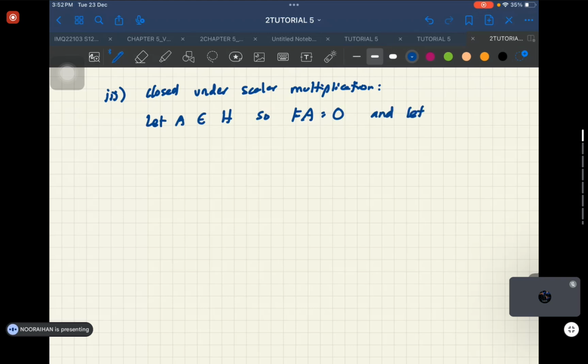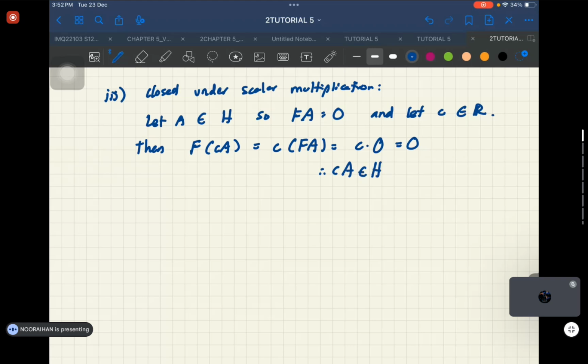And let C be a scalar which is a real number. Then F(CA) is equal to C(FA), which is equal to C times 0. So this is equal to 0. Okay. So CA is also an element of H. So the third condition passes.